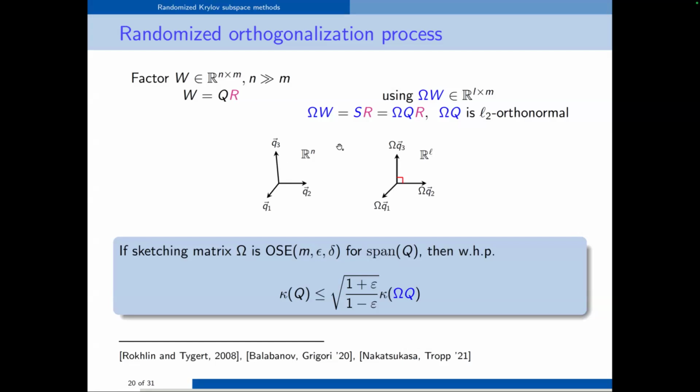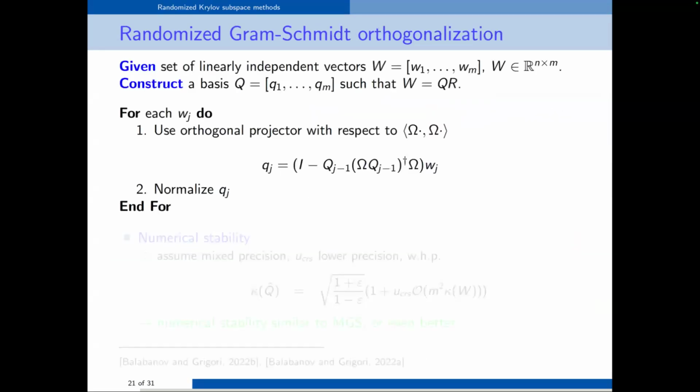And so what we can see from here is that if I'm sketching W and computing the orthogonal factorization of this small matrix, then I will obtain this R factor, which in infinite precision is the same, and then I will obtain a small S factor, which is a sketch of Q, and this one is L2 orthogonal, or orthonormal.